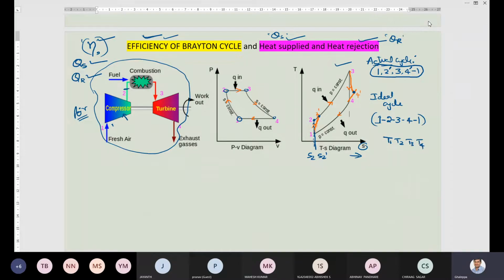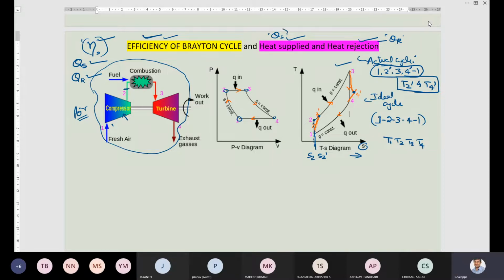If you are calculating for the actual cycle, you have to calculate two extra temperatures, T2 dash and T4 dash, and sufficient data will be given for calculating these two parameters. That we will discuss later, how we will solve numericals. So just keep in mind the difference between actual and ideal cycle.